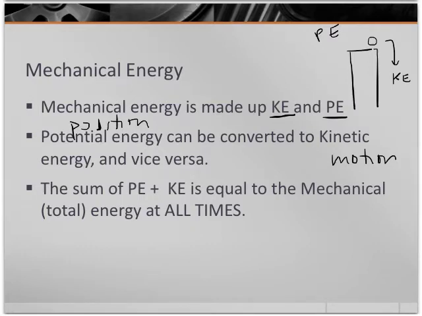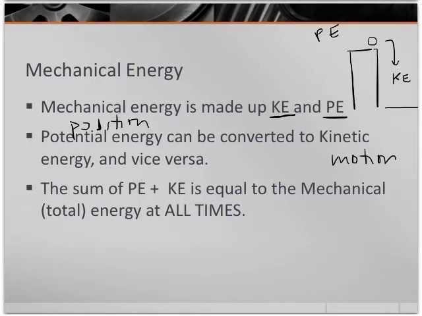So potential energy is going to be greatest when the object is up high, at the highest height it can be. Whereas kinetic energy is going to be greatest when you are very, very close to the ground. In fact, kinetic energy is highest the moment you hit the ground. The moment between hitting the ground and stopping, that's when your velocity is the highest, that's when your kinetic energy will be the highest. Okay?